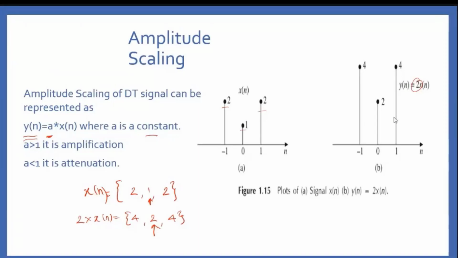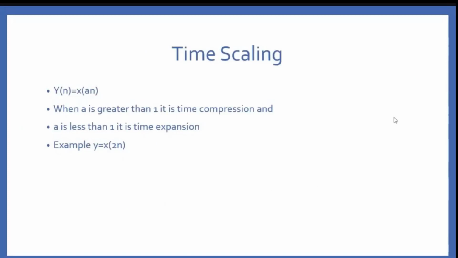What is amplitude scaling? Simple, multiplying your signal with any constant is amplitude scaling. The next thing is time scaling. Now when I say time scaling, just look at y[n] is equal to x[2n].